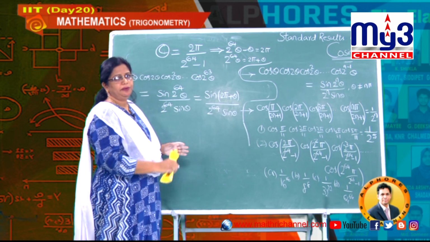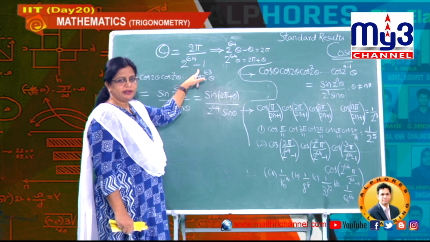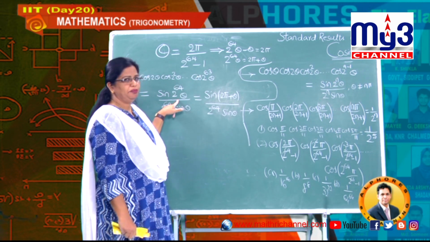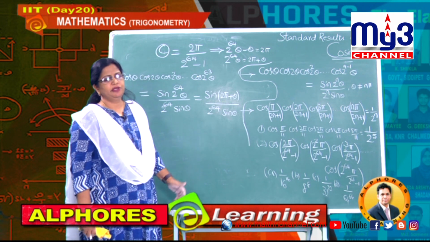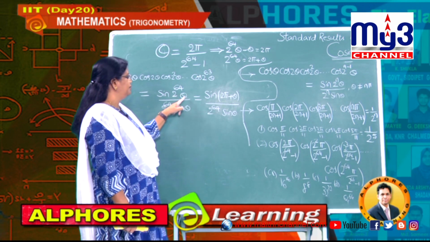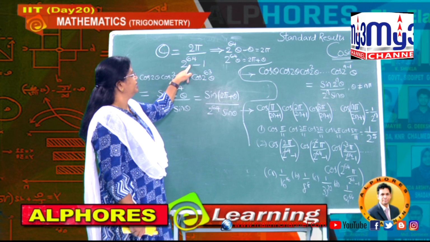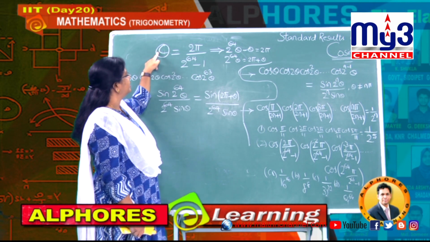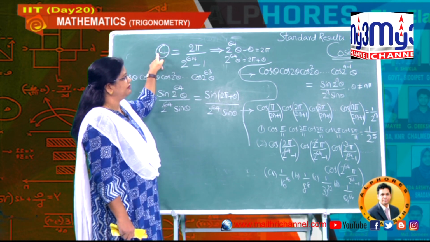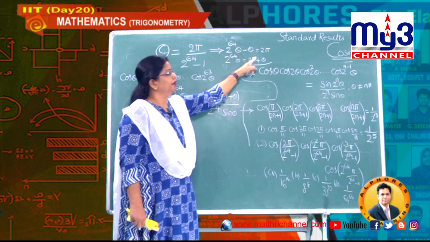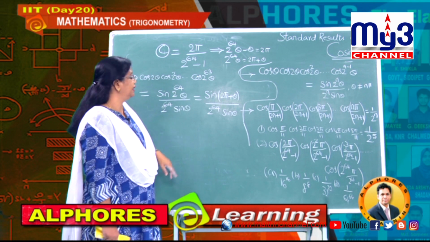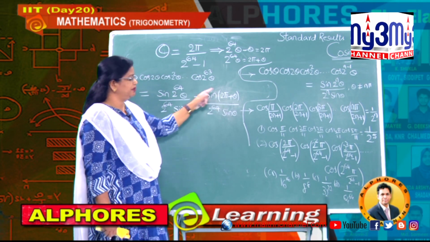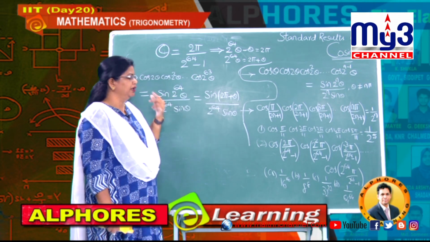Understand, students? So this is the first observation, and then we applied the formula, and therefore again answer is independent of theta. So what we have done is we replaced this value by just cross multiplying 2 power 64 into theta minus 1 into theta, that is 2 pi. Then minus theta went that side, therefore it became 2 pi plus theta. That value we substituted for 2 power 64 theta.